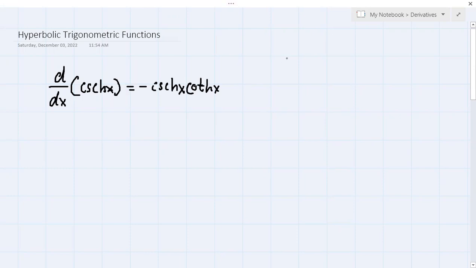Now, what we're going to do is we will have some examples. So, kunin natin yung derivative nito. Let's just say negative 3.14 times cosecant hx. Itong si negative 3.14, considered pa rin siya as a constant kasi number pa rin siya.